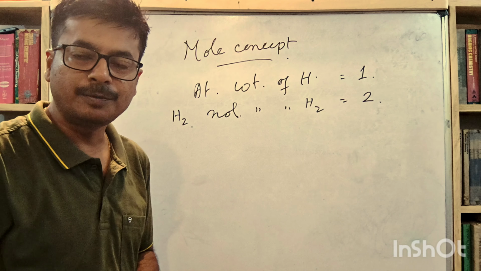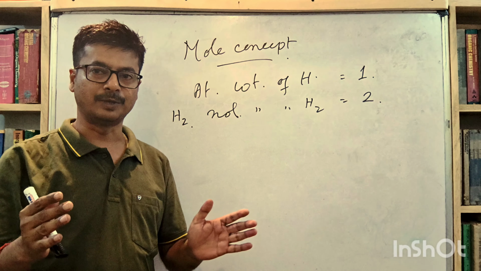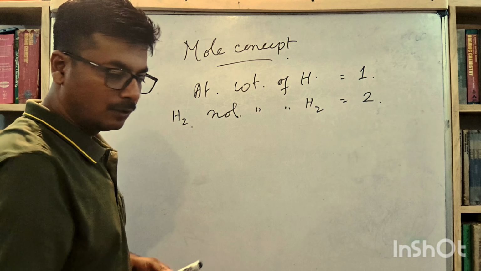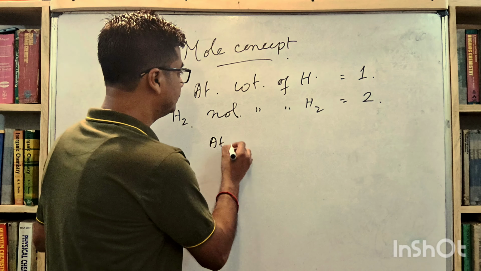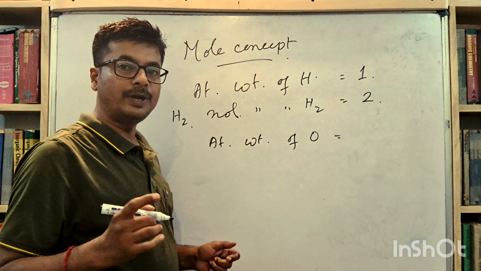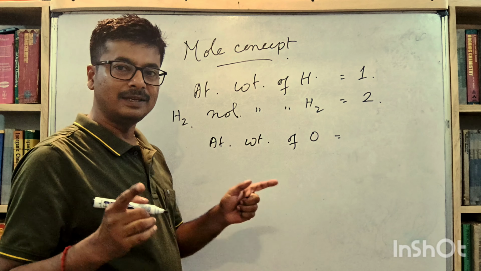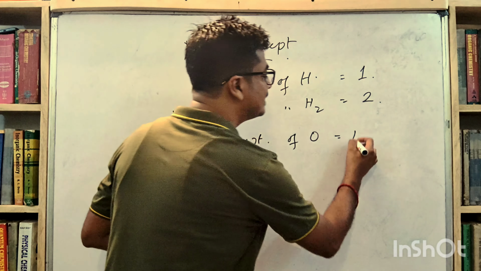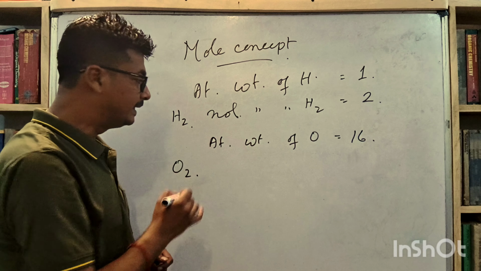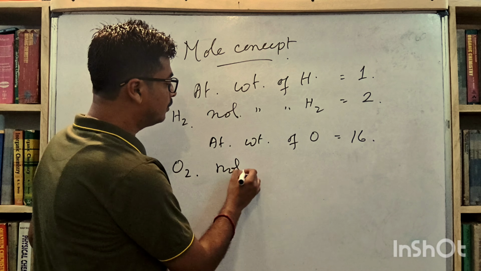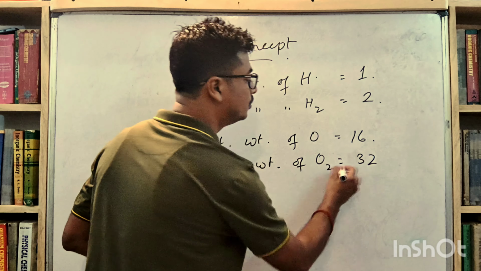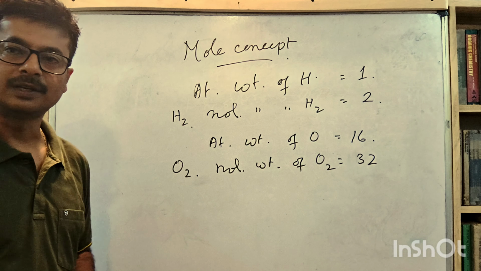So molecular weight means the summation of all the atomic weights. Now let us take another example. What is the atomic weight of oxygen? The atomic number of oxygen is 8. The atomic weight of oxygen is 16. And if the oxygen molecule is O2, then the molecular weight of oxygen will be 32, because 2 atoms are there.